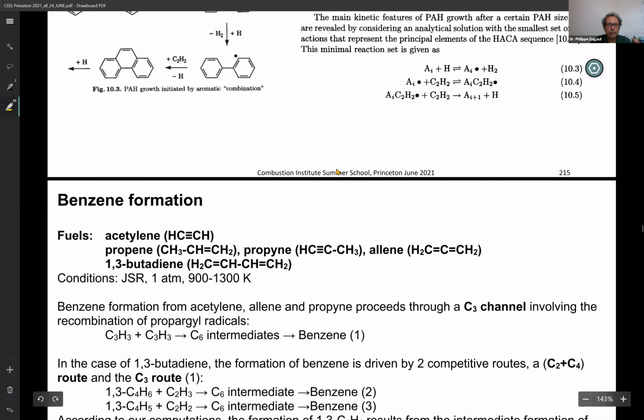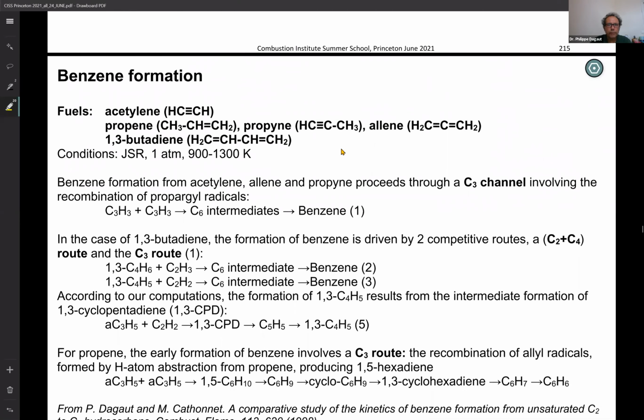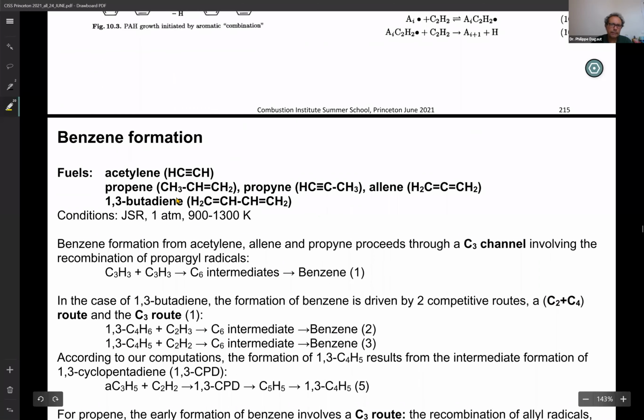We've been looking, not in a flame, but in a jet stirred reactor, the formation of the first ring, and to do so, because here it's based on acetylene addition, we considered acetylene. But we know that C3 species can also be important in the formation of benzene.